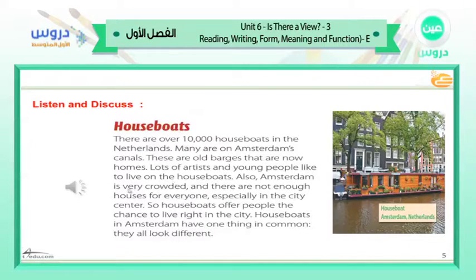Also, Amsterdam is very crowded and there are not enough houses for everyone, especially in the city center. So houseboats offer people the chance to live right in the city. Houseboats in Amsterdam have one thing in common, they all look different. That's right. Okay, now let's slide and see what it is about.